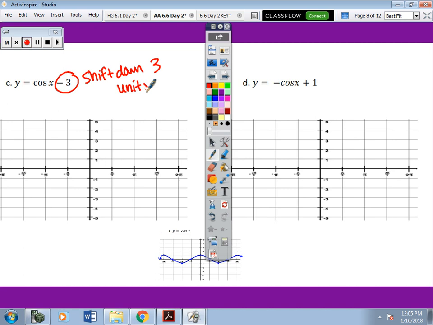So the parent function, if you want, you don't have to do this. Whoops, that's my sine parent function. Cosine starts at 1, goes down to 0, negative 1, 0, positive 1. Take each of those points now and shift them down 3 units. So take this one, shift it down 1, 2, 3. Take this one, shift it down 1, 2, 3.